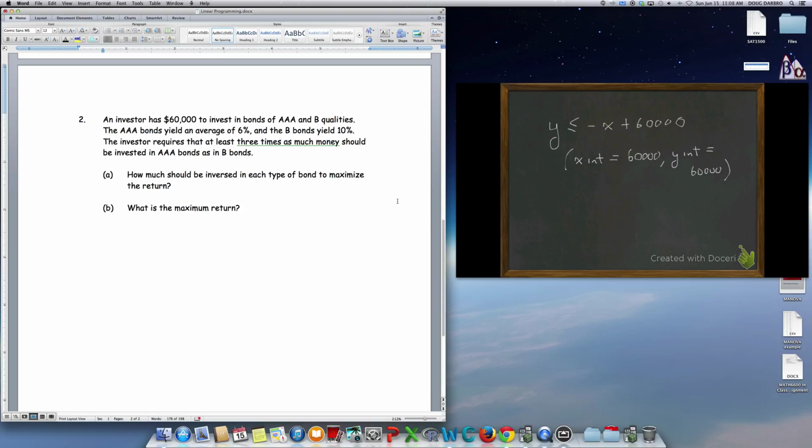Now my other function, x greater than or equal to 3y. I showed you a little trick back in video number 2 that says we can change the order. But when we do that, we have to change the inequality.